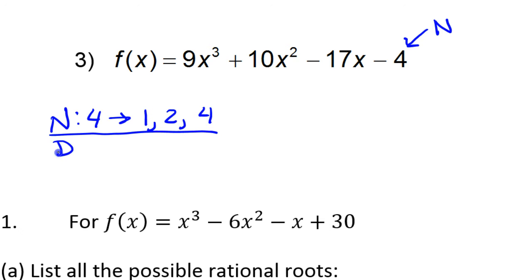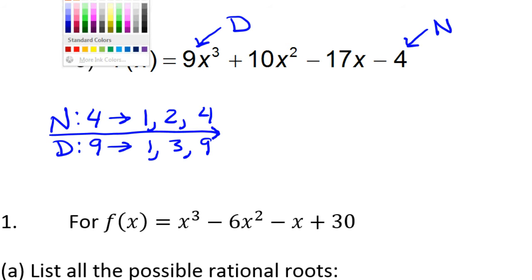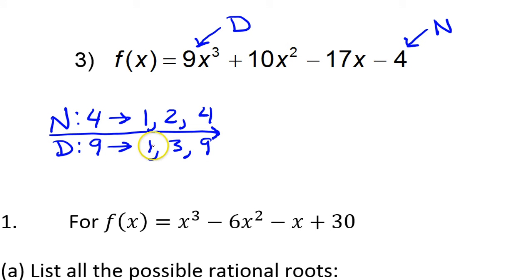The possible denominators will be factors of 9, so that is 1, 3, and 9. As I build my list, I'm going to mix and match these numerators with these denominators, but I'm going to be very systematic and use one denominator at a time.